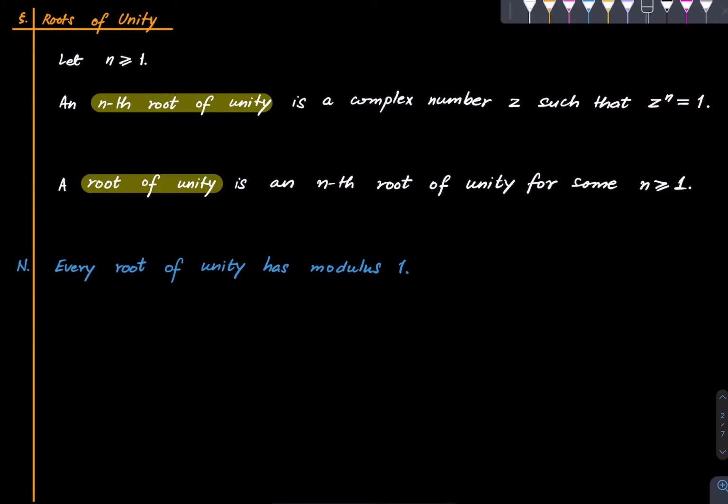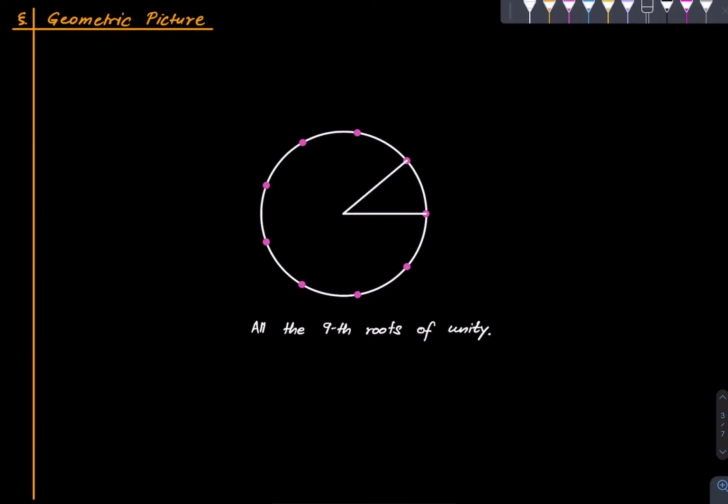Okay. So there's a very nice geometric picture in which you can represent all the nth roots of unity. Here I have taken n equals 9. And this is the unit circle. So by that I mean all the complex numbers whose magnitude or modulus is 1 is this white circle. This is the complex number 1.